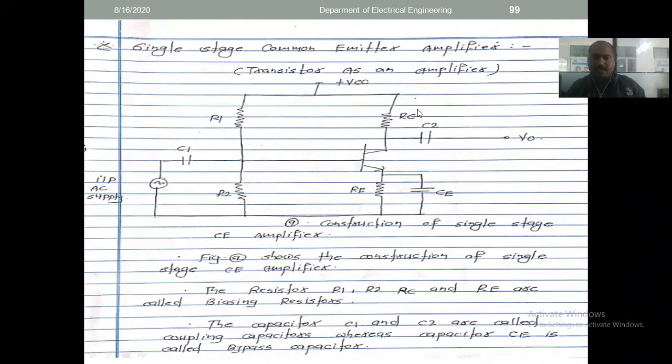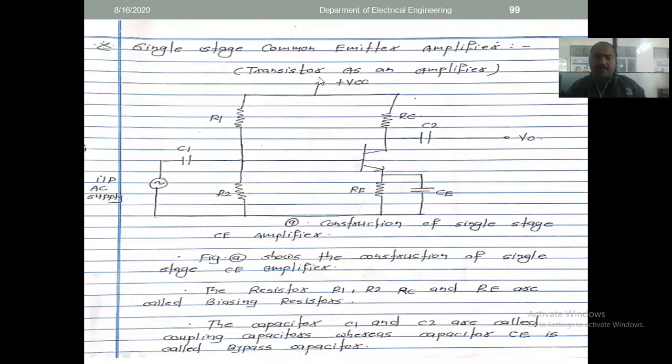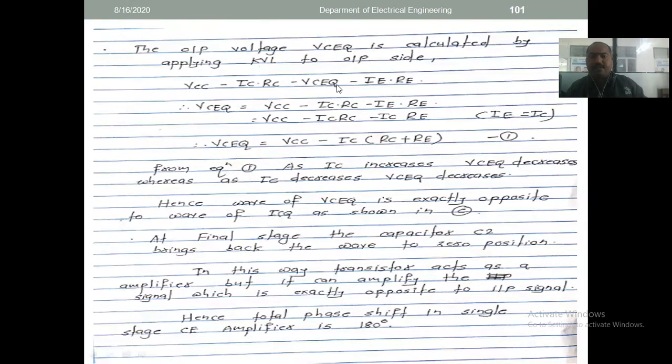Applying KVL at the output side: plus VCC minus IC into RC, since the current flowing through the collector is IC, minus the voltage across it, which is VCE, and then minus IE into RE, because the current flowing through the emitter is IE. VCQ indicates the quiescent collector-to-emitter voltage.